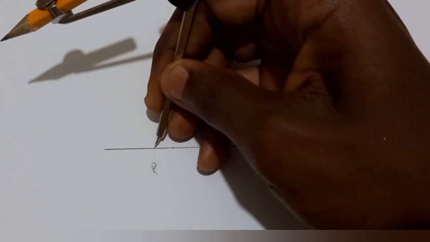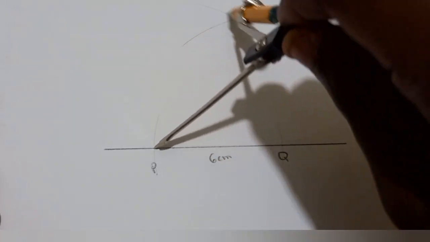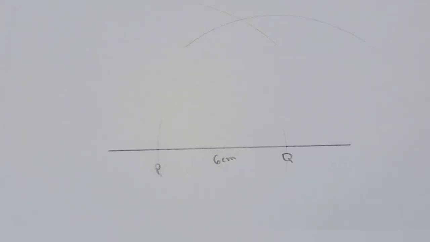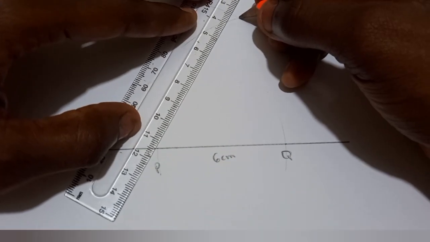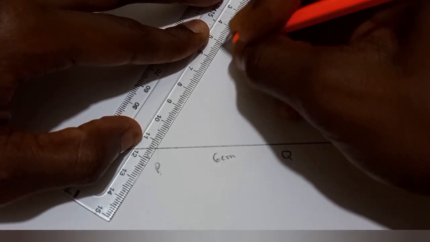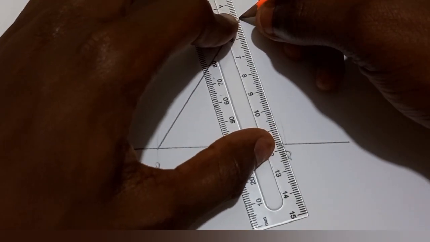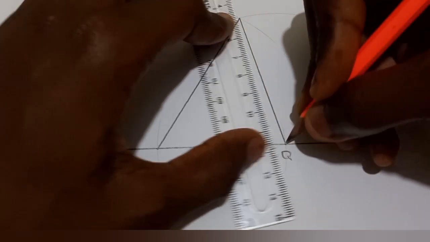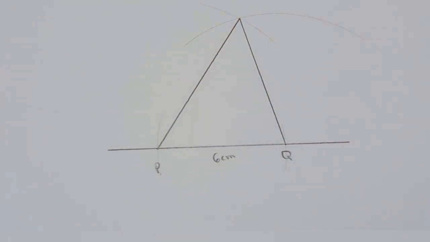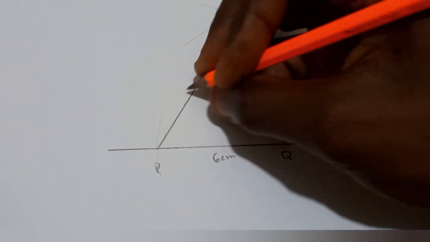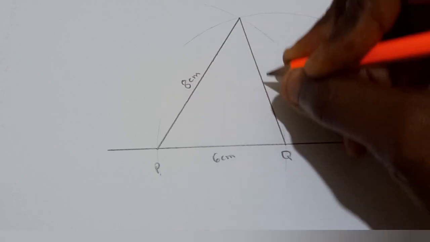So then in here we join our points. We note the dimensions.